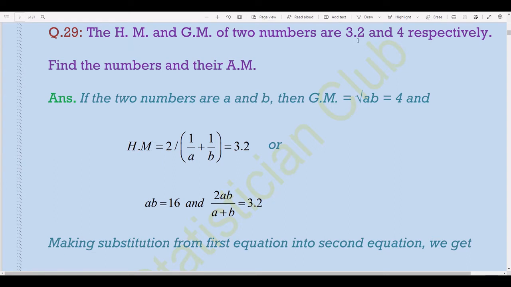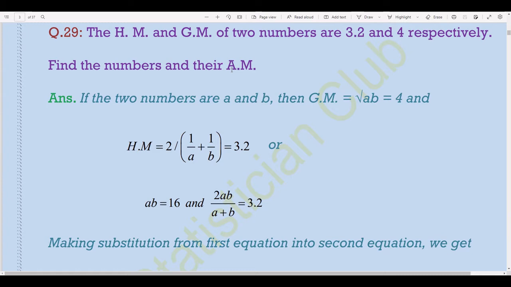Find the numbers and arithmetic mean. Our two tasks: first we calculate the numbers and then the arithmetic mean.